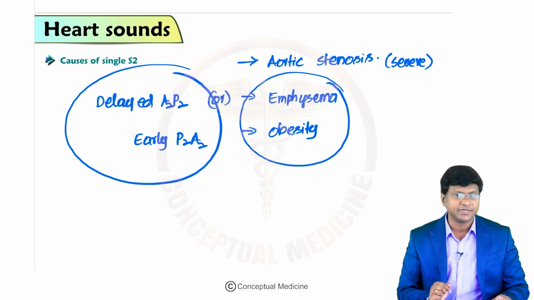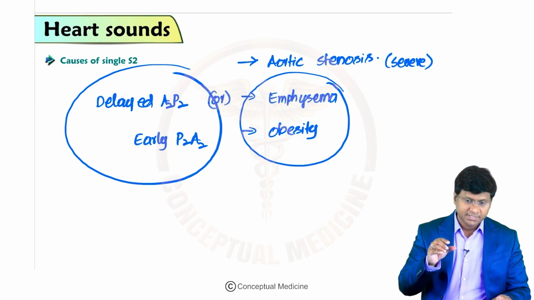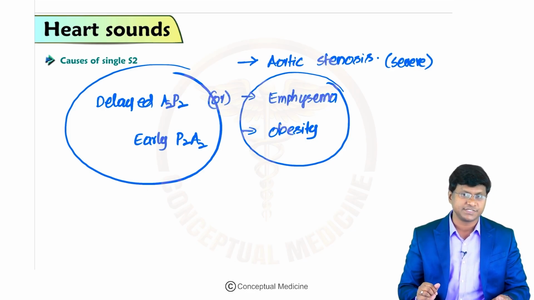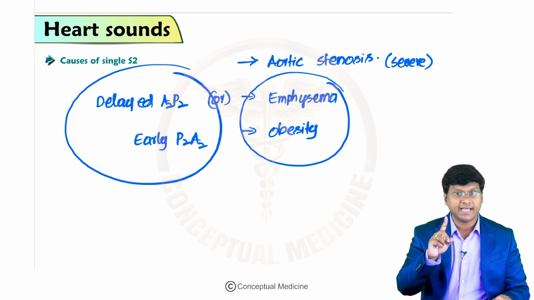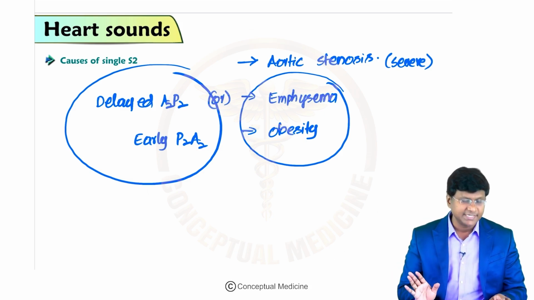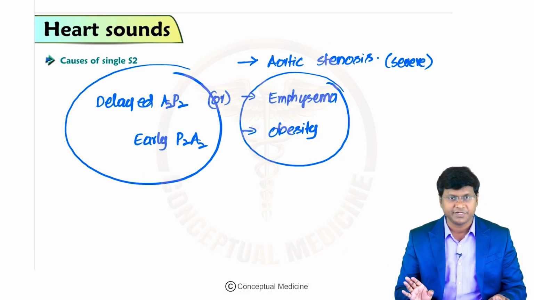Thereby what will happen to your S2? The S2 will be single. So in emphysema as well as obesity, the intensity of the sounds is not adequately transmitted onto the surface of the chest, and thereby you will have a single S2. Okay, so these are the conditions where you will have a single S2, in the sense you don't have A2 and P2 being differentiated.